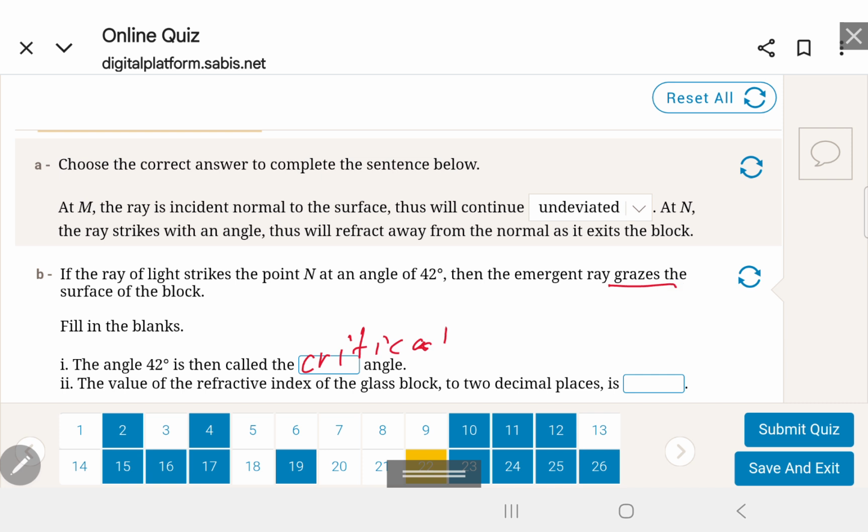Grazes means 90 degrees to the normal. The value of the refractive index of the glass block to two decimal places. Refractive index is equal to 1 over sine critical angle. So just take the critical angle you have here, plug it into this equation, and you find the refractive index.